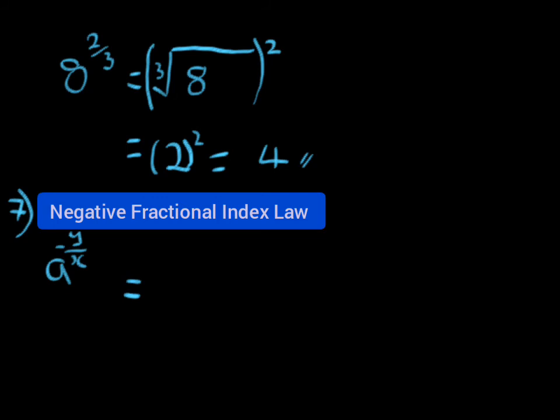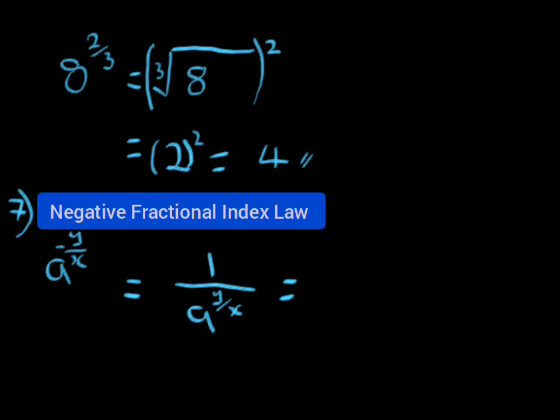So this gives us 1 over a raised to power y over x. Because of the negative sign, we had to take the reciprocal in order to eliminate the negative sign from our value. But don't forget now that this y over x at the power here still means something, and we can still evaluate that as something.